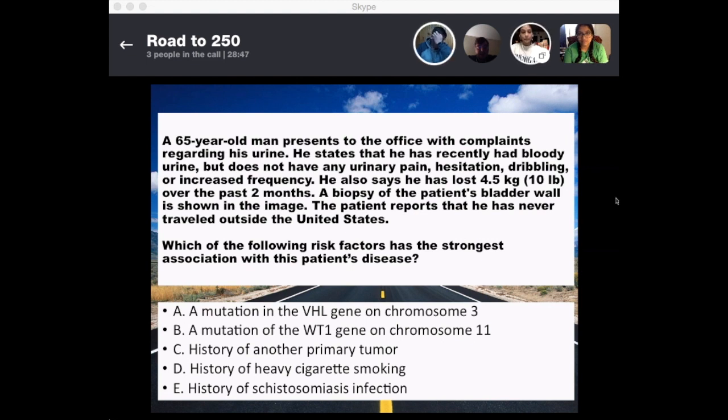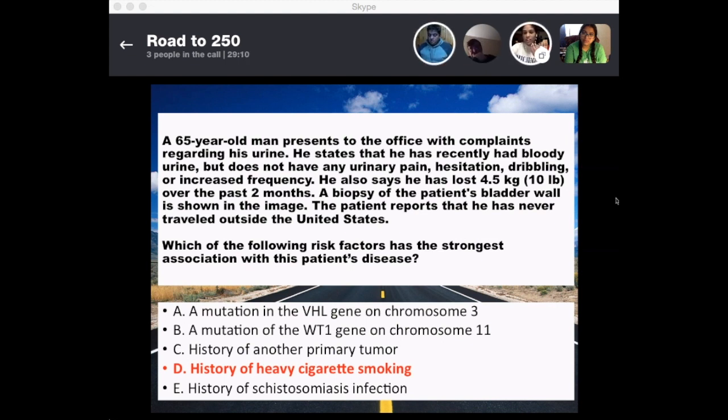It's D, right? Because smoking is associated with renal cell carcinoma. So, yes. Well, I guess I didn't give anybody else a chance to say anything. Yeah, exactly, the answer is right. History of heavy cigarette smoking.